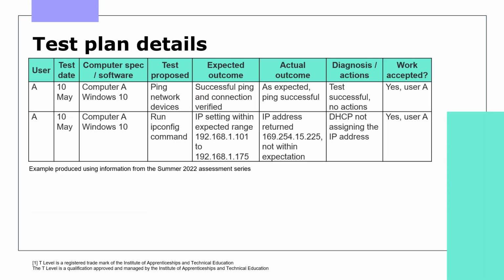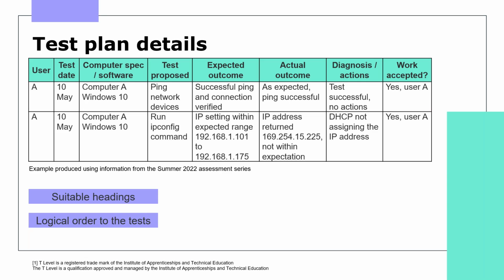And when it comes to the test plan itself, on screen is a simple example produced using the Summer 2022 series. And students should include suitable headings on their plan, and there will be information in the brief as well to support with this.